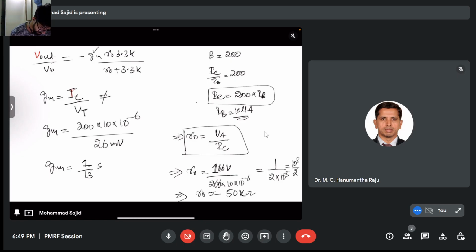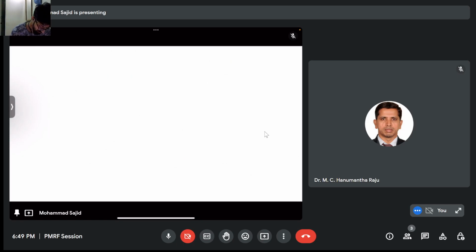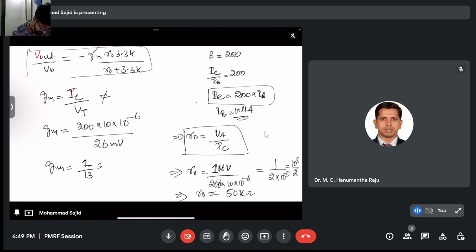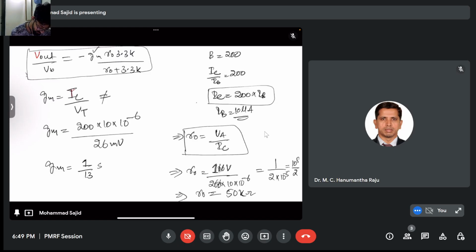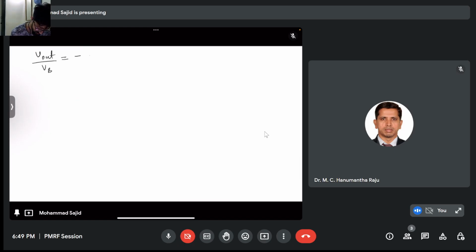Now what we have to calculate is V output by VB, right? We have to just substitute these values. So V output by VB will be equivalent to, let me just write this formula again.